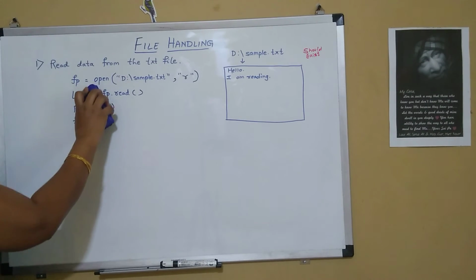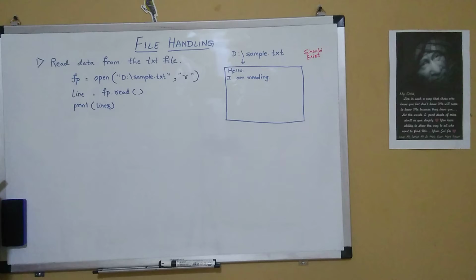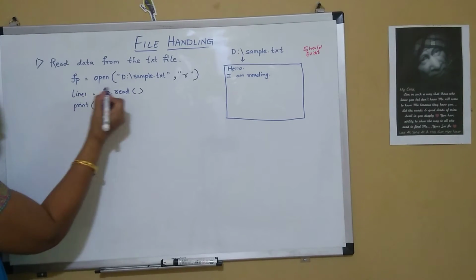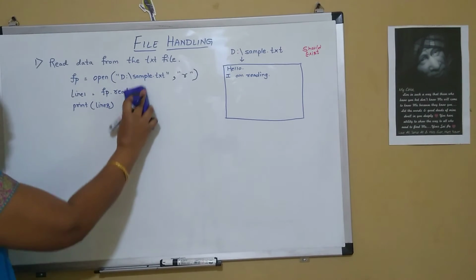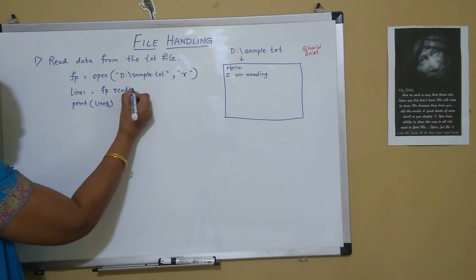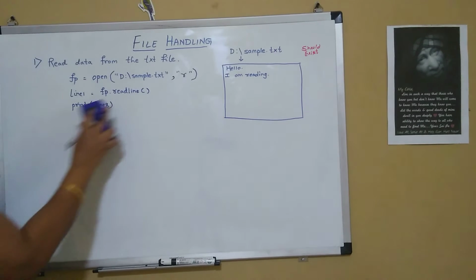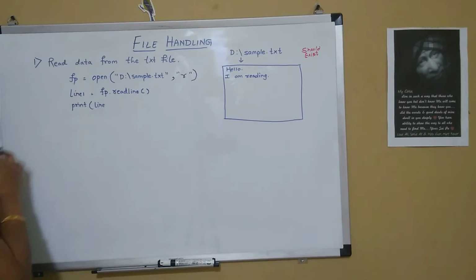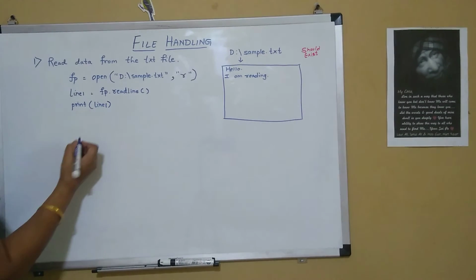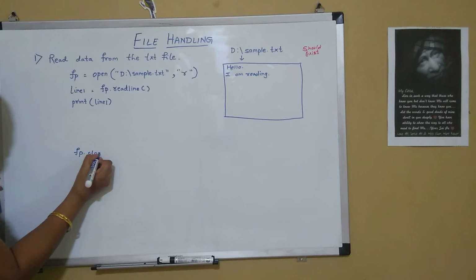Now, if I have line1 equal to fp.readline, instead of read, let me say readline. So what does it do? What will line1 now have? And again we have to give fp.close and close the file explicitly.